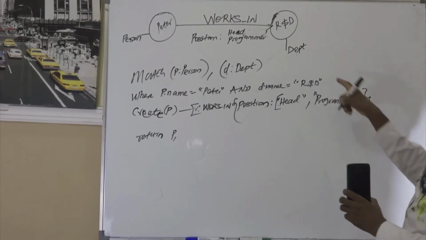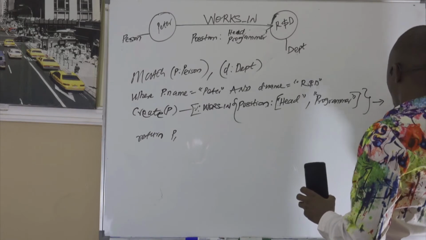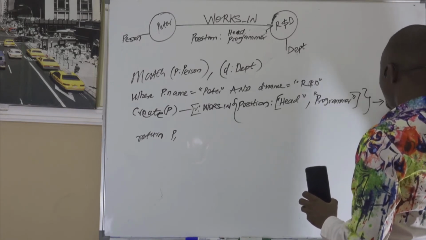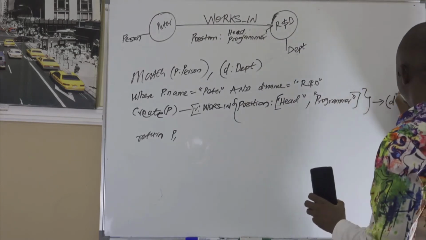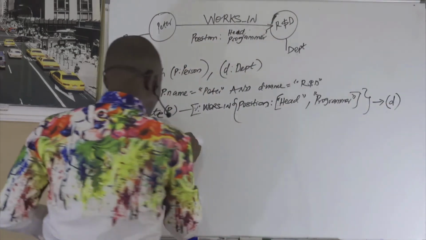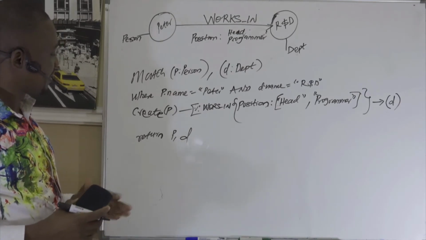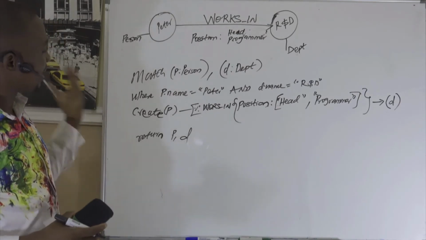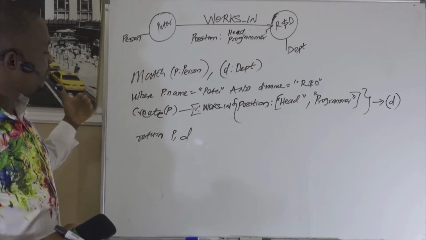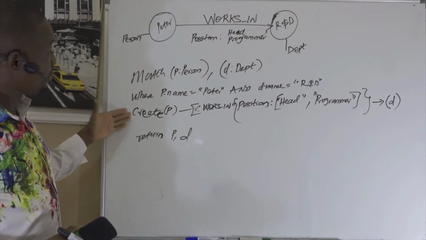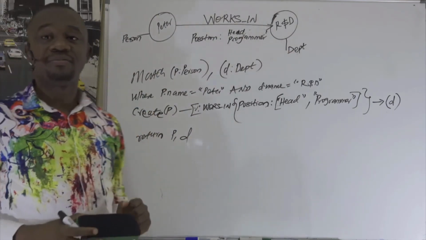We have not included this, meaning this coming here. What are we referring to? D. Okay, P and D. You return again, you match, you filter, you create the relationship between P and D, then you return.